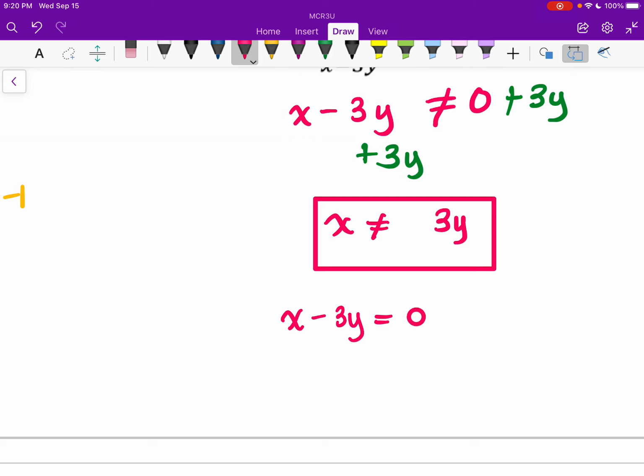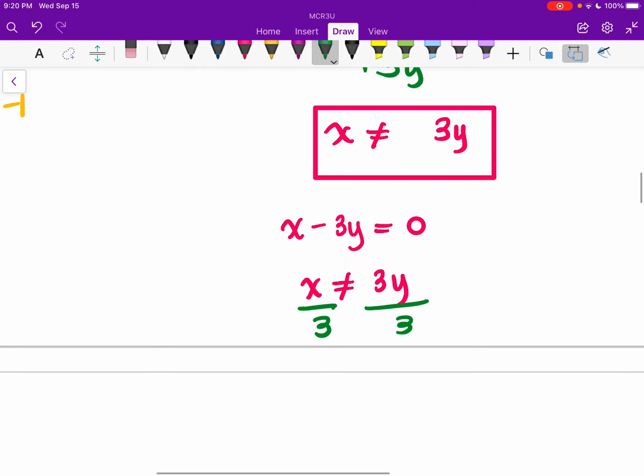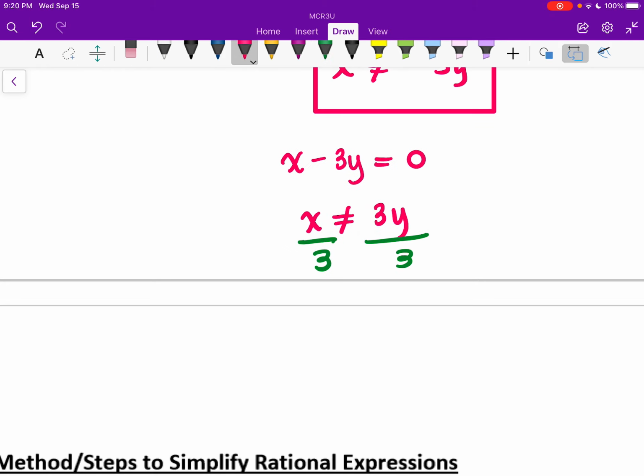So x minus 3y cannot equal 0. Then I'm going to move the 3y to the other side: x cannot equal 3y. And I want to get y by itself now, so I'm going to divide both sides by 3. So y cannot equal x over 3.